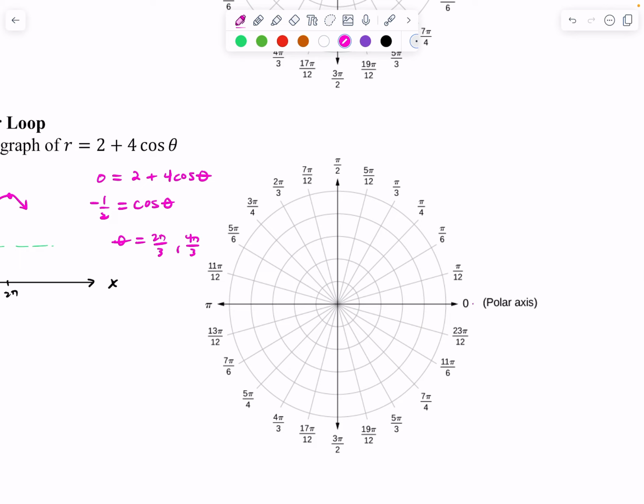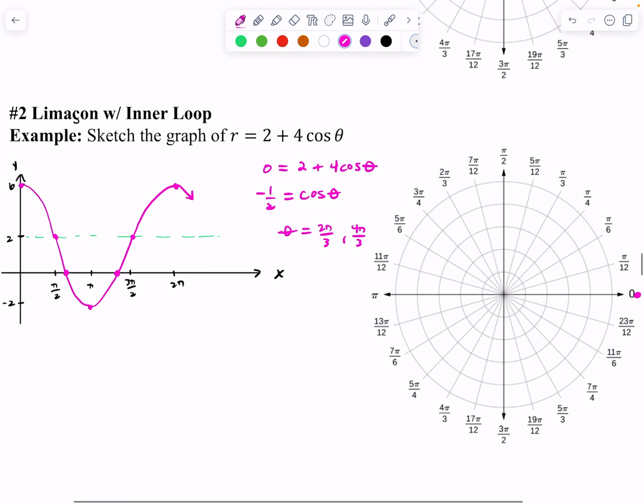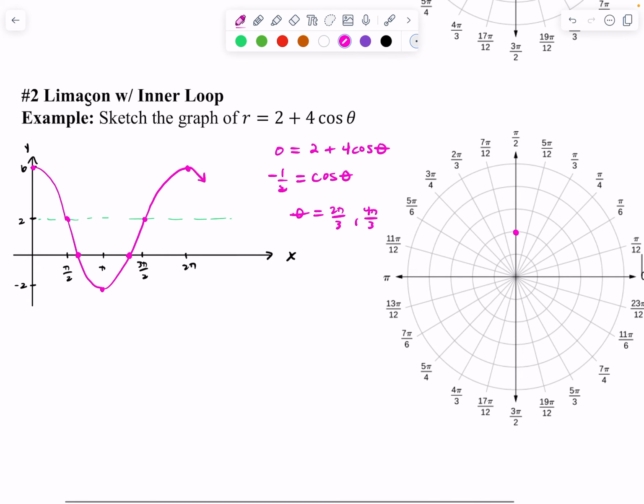So we actually come just off of, we don't have enough rings on here. And then at pi over 2, r is 2. And then we can use the fact that at 2 pi over 3, r would be 0.